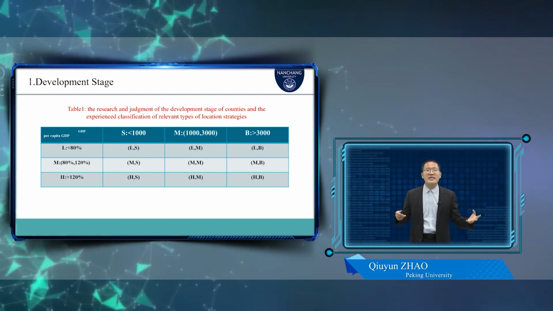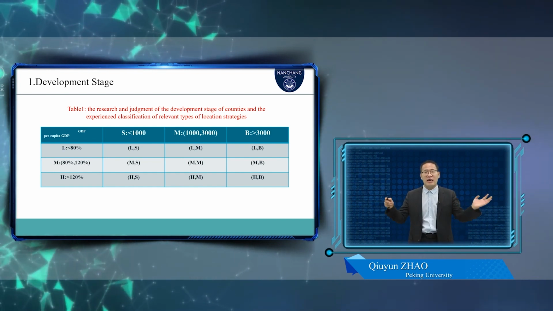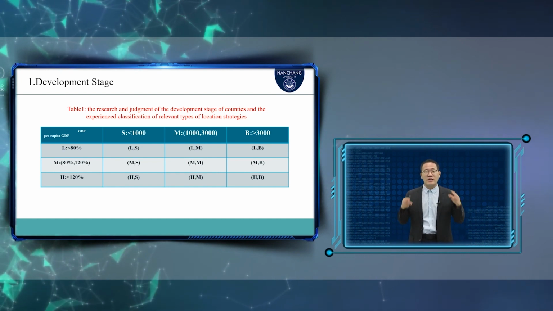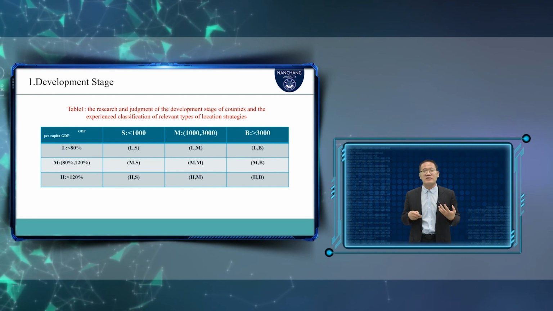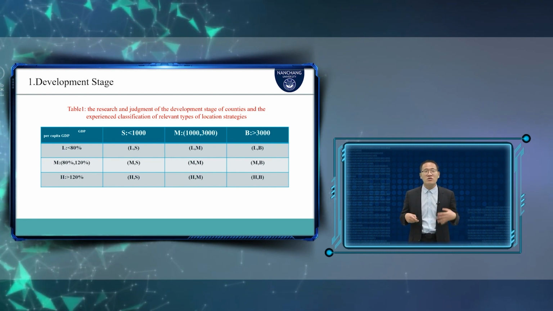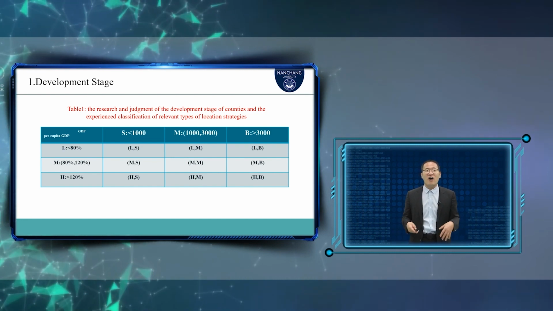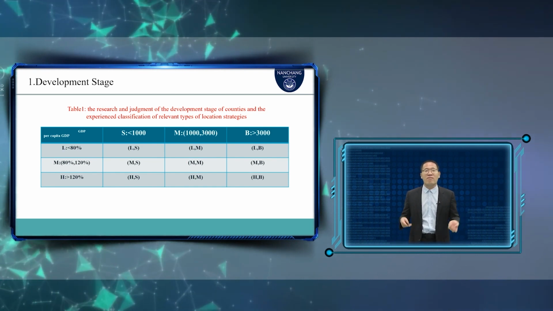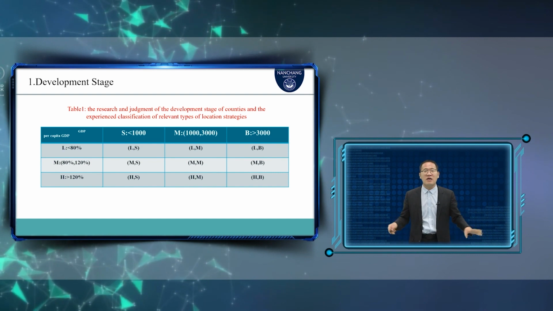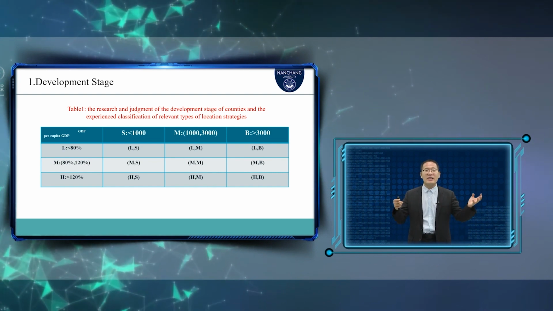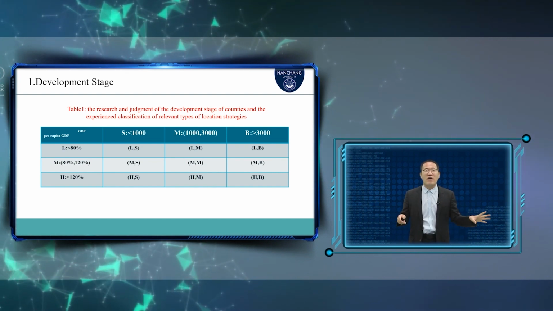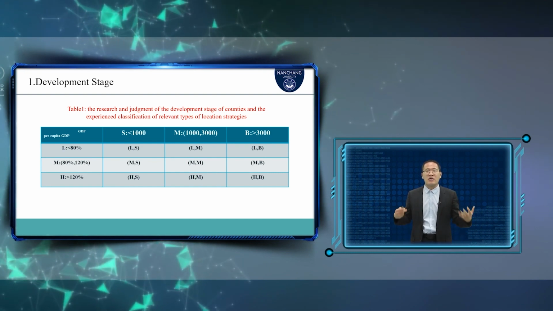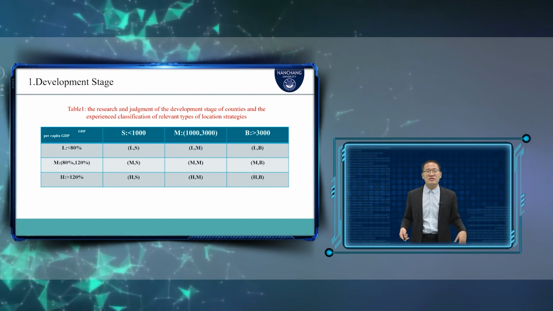In this way, 9 different types of location strategies can be formed according to the above classifications of GDP per capita and GDP, as shown in Table 1. Of course, due to different empirical standards and different types of subdivisions, we can further adjust and subdivide more types of development stage types and analyze their corresponding development strategies.